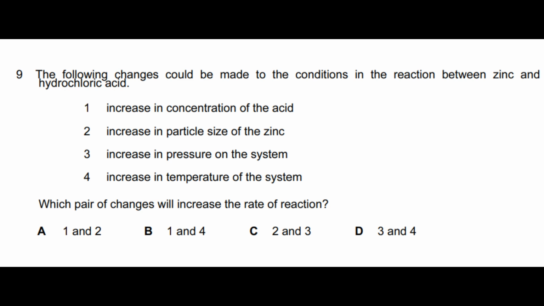No. Decrease in particle size will increase, but that option is not here. 3 says increase in pressure. Okay. None of them are gas, so pressure is not going to affect. Increase in temperature, yes. Increase in temperature will give more kinetic energy to the particles, so the rate of reaction will increase. So technically 1 and 4 are correct. So Bravo is the correct answer for this question.